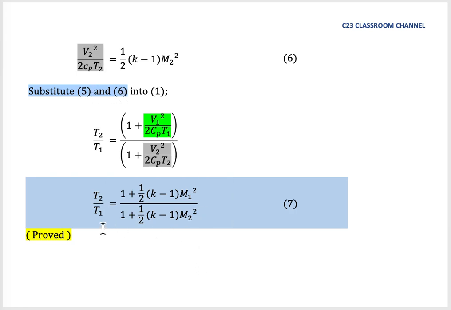And finally, we have the ratio T2 over T1 equal to 1 plus 1 over 2 times K minus 1 times M1 squared, over 1 plus 1 over 2 times K minus 1 times M2 squared. And then we can prove that this is the isentropic flow equation for the ratio of temperature. We state this equation as equation number 7.